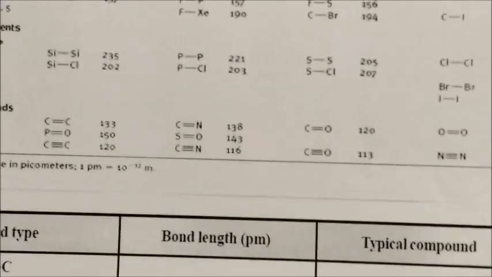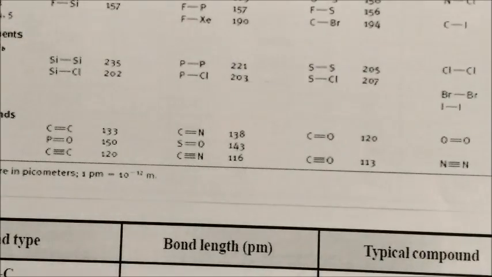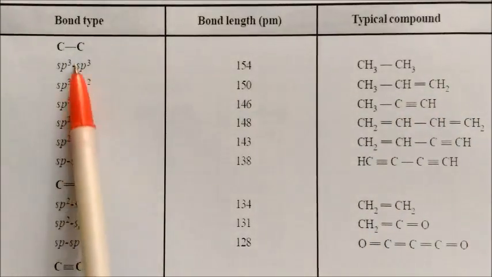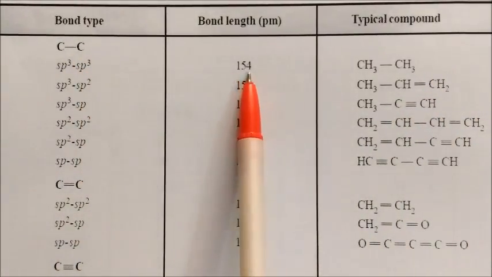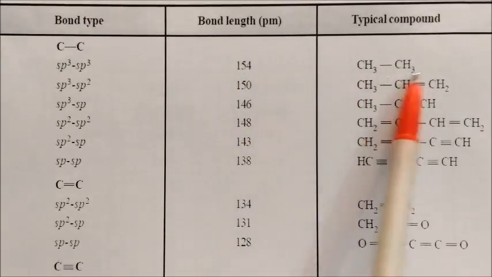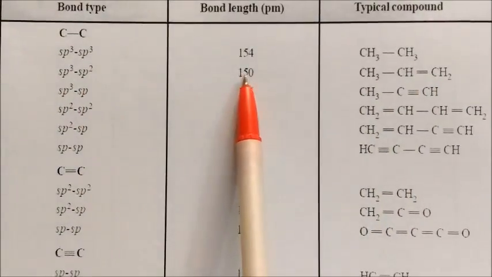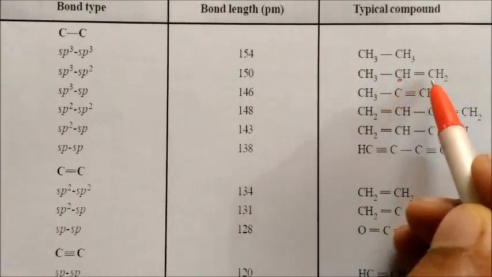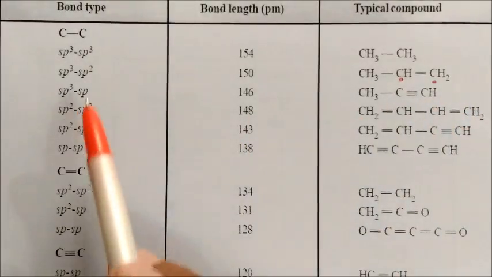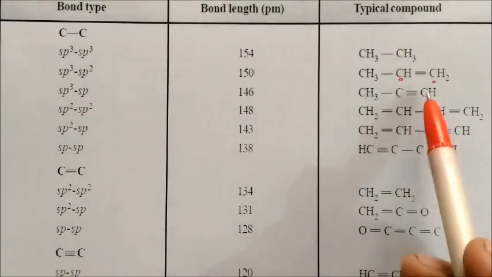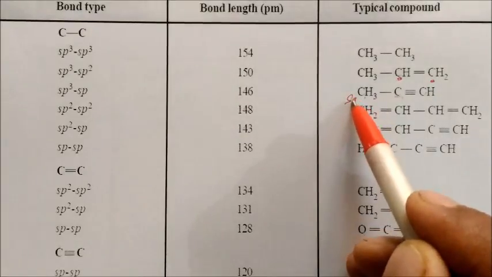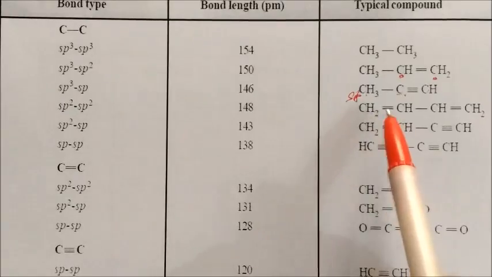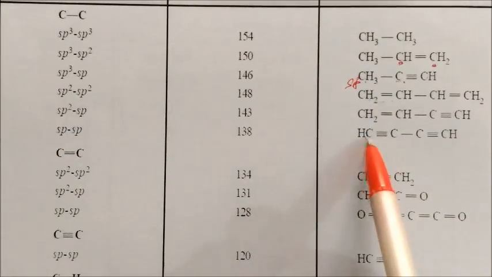Now let us see the bond type, bond length and compound. If carbon-carbon is sp3 to sp3, the bond length is 154 picometer. Then sp3 with sp2, and sp2 with sp2. Then sp3 with sp, and sp2 with sp2, where sp2 occurs between the two double bonds. Then sp with sp.